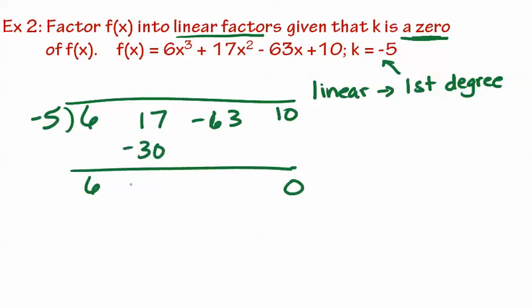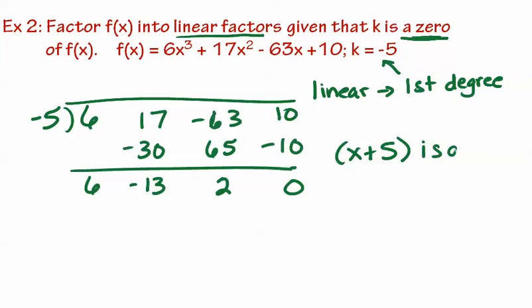And if we get an error here, it might be from a copying error, transcribing, or an arithmetic error. So here we get 65. 2 times negative 5, sure enough, it worked fine. So now what do we know? We know that if negative 5 is a 0, then x plus 5 is a factor.